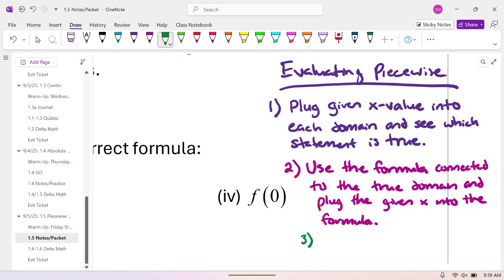And then the last step is to just evaluate. Meaning, you do the order of operations, put it in your calculator, whatever you need to do. Your answer will just be a number. Now, these steps may not make complete sense right now, but we're going to go through each one for each example.